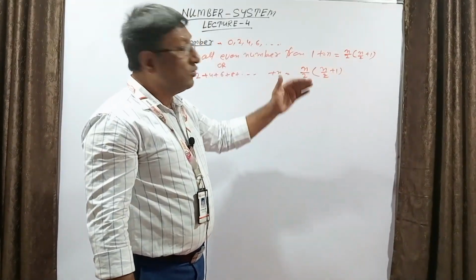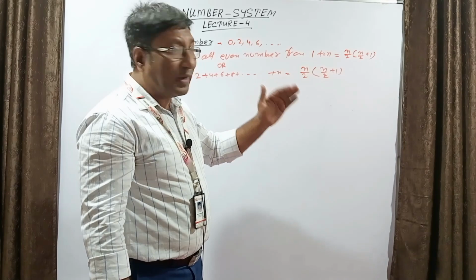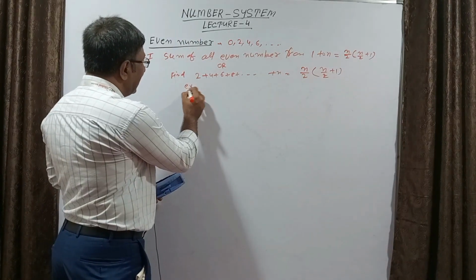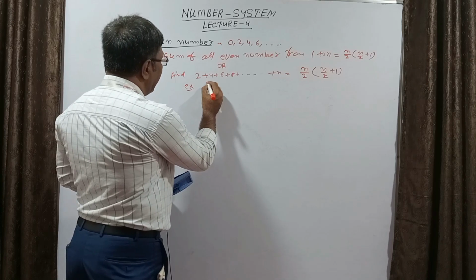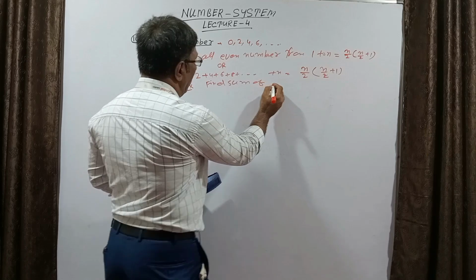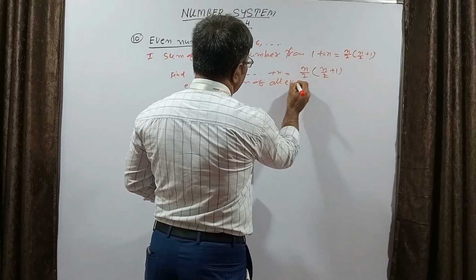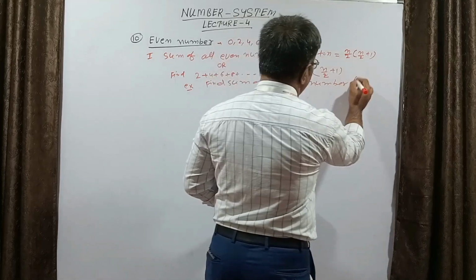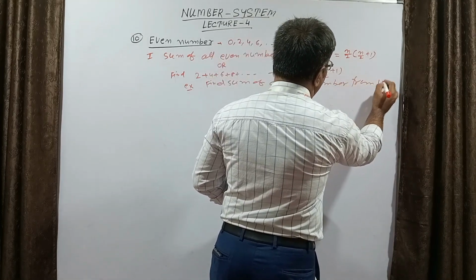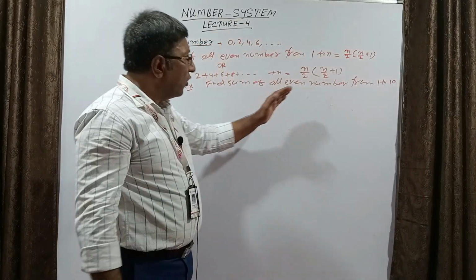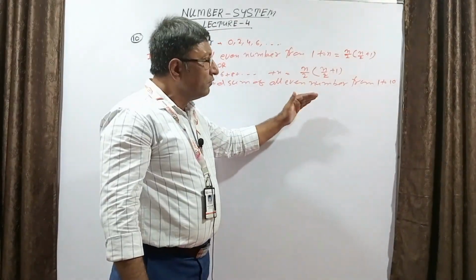So n by 2, half number, and multiply by the next number. See the example. This is a simple question: find sum of all even number from 1 to 10.